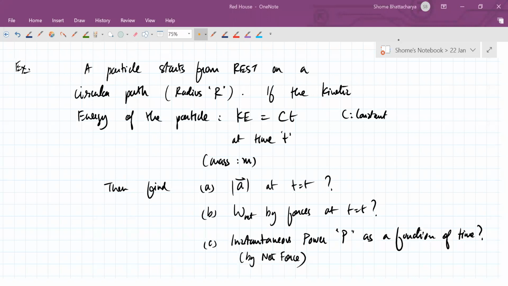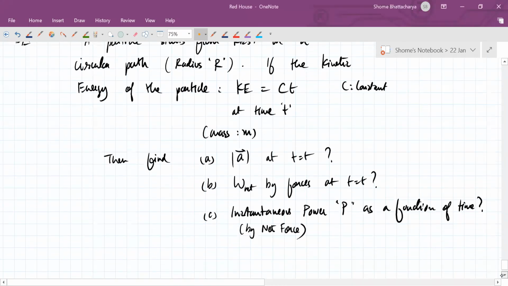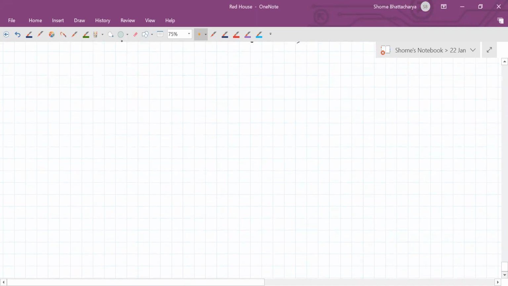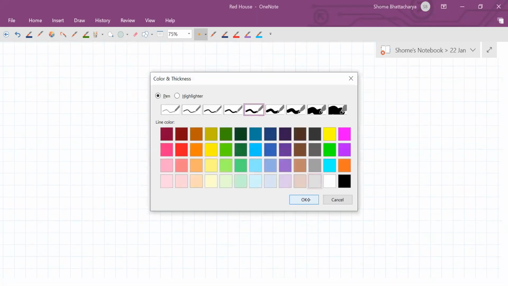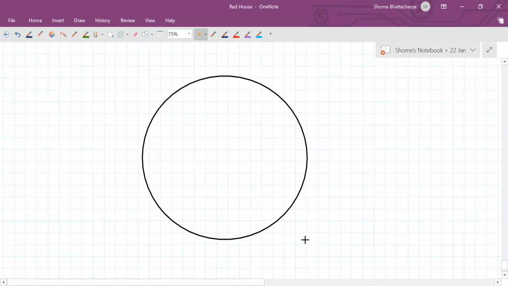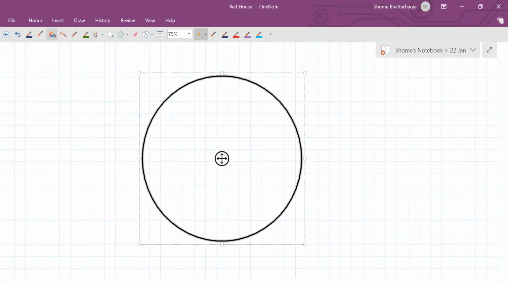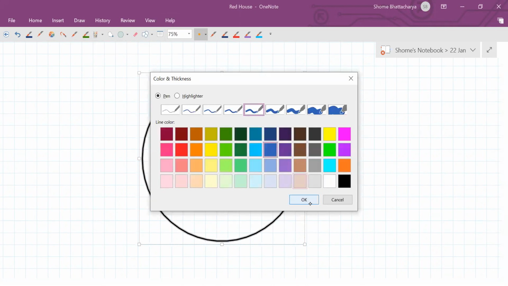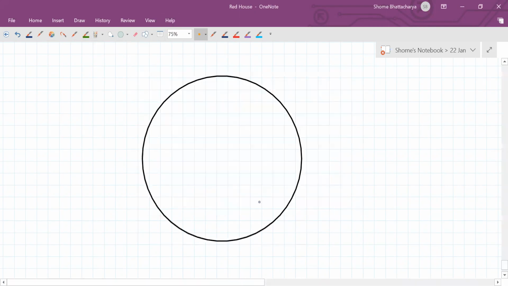Yeah, anybody got the answer for this? Just use the basics of circular motion along with work energy over here. So let's say the particle is starting from rest somewhere here at t equal to 0.